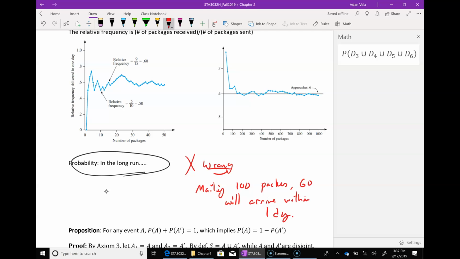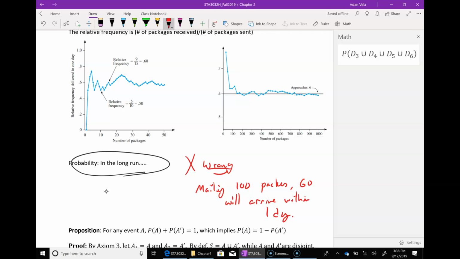That's the wrong way to interpret probability. Maybe in expectation that is the case, but don't think of probability that way. Yeah, so this is usually the way people sort of work things out. They think about it as the long run probability.